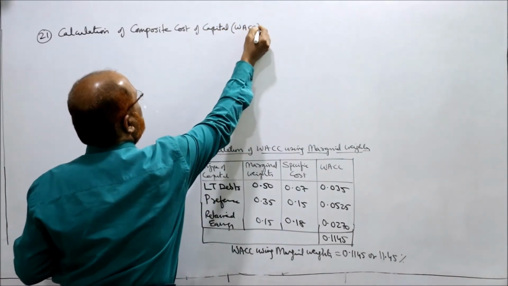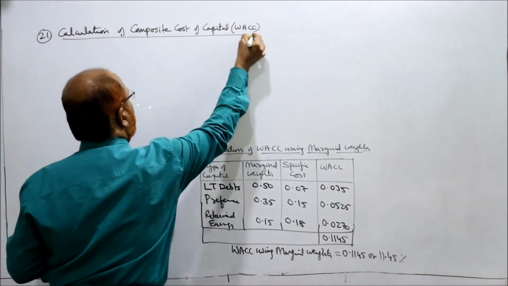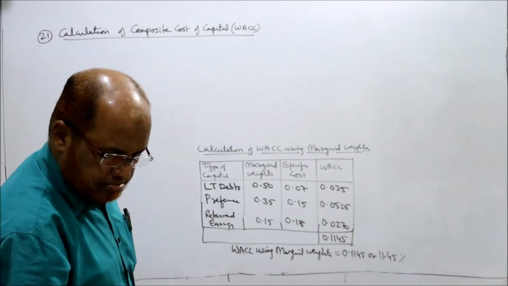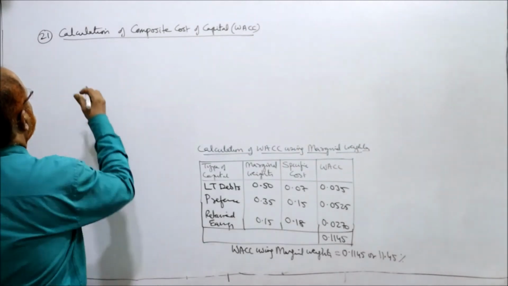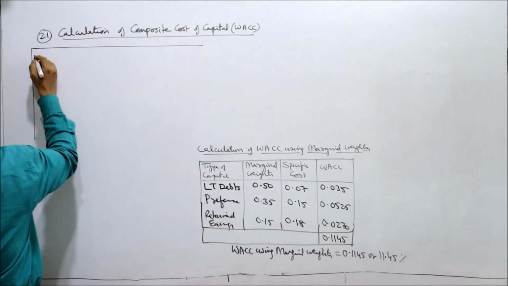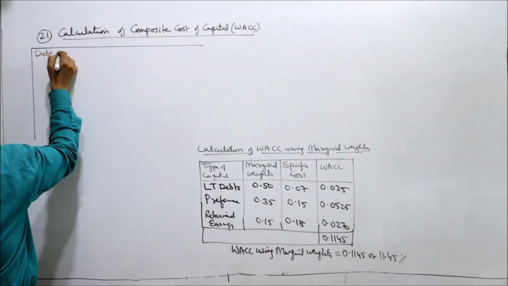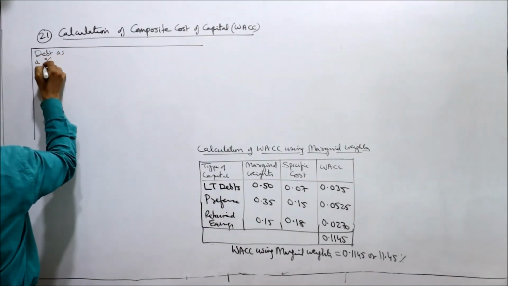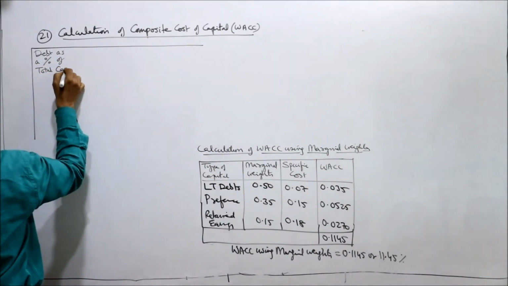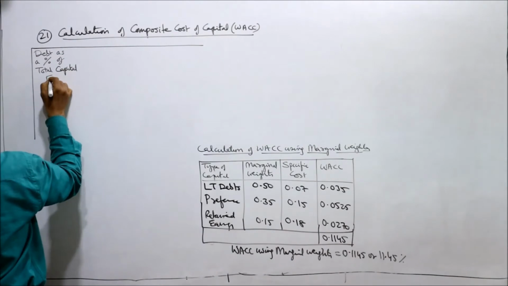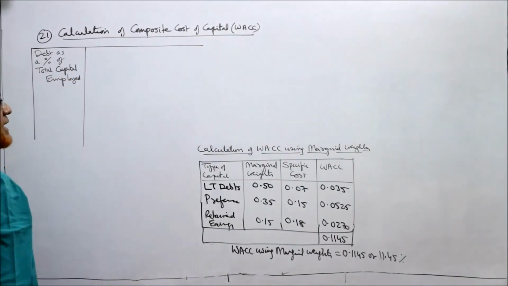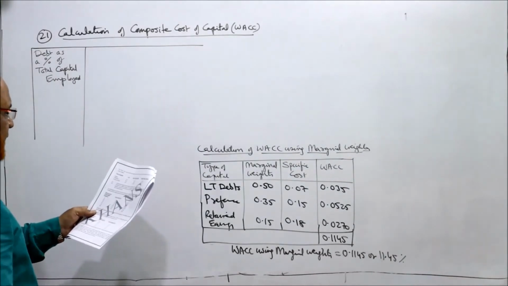Composite cost of capital means WACC. Debt as a percentage of capital employed.